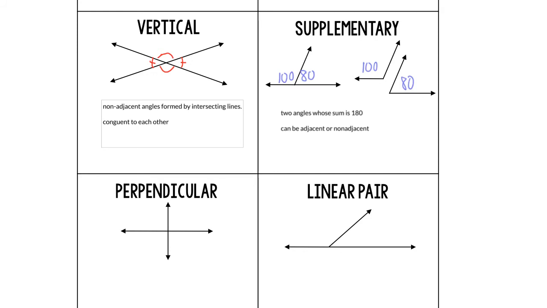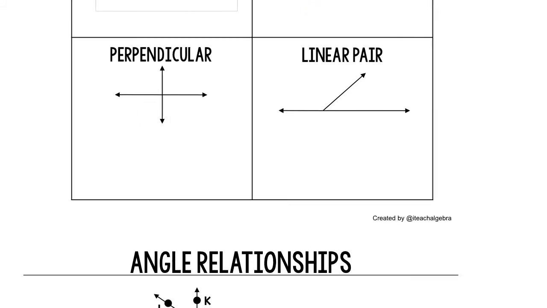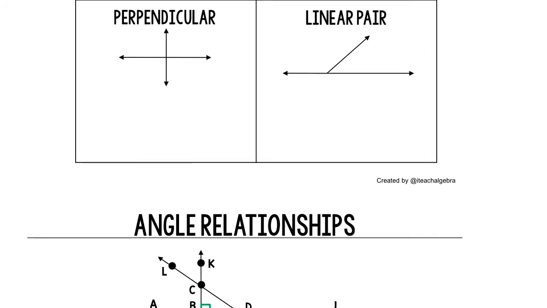Perpendicular lines. Let's scroll down here. Let's make another little text box. These are lines that intersect to form four right angles that are all congruent. And it's got a little symbol, and I'm unfortunately going to have to draw that.